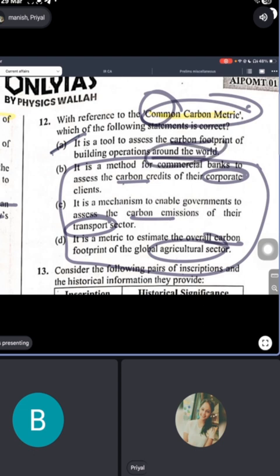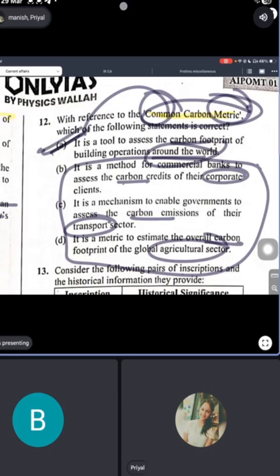This is general, around the world, not only transport, not only corporate, not only agriculture. So don't you think it links with that? And moreover, they have used the word metric. Whenever they use the word metric, guys, it means it is an assessment tool. So this way I have made this answer correct.